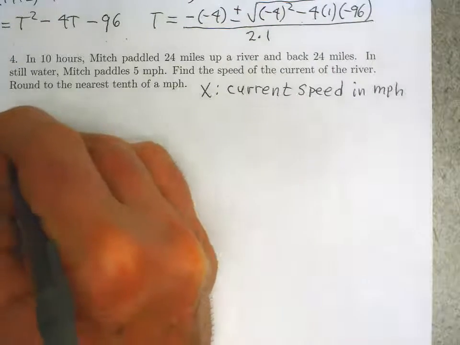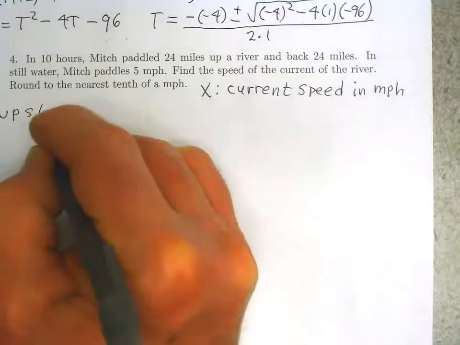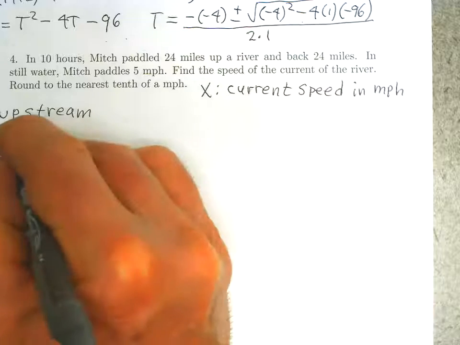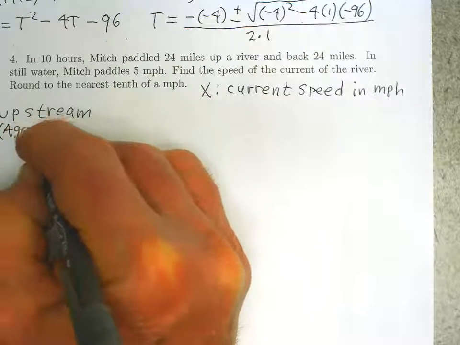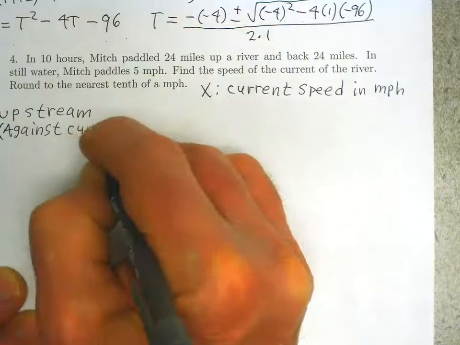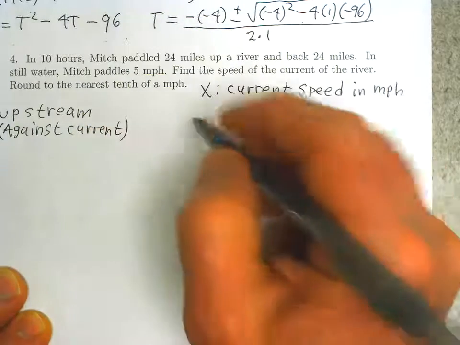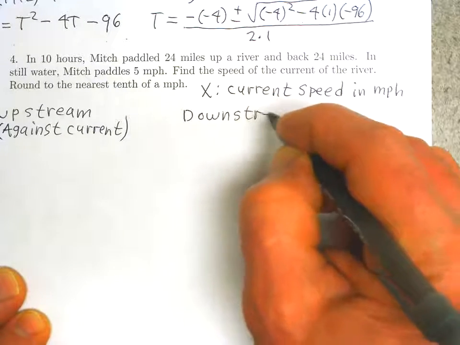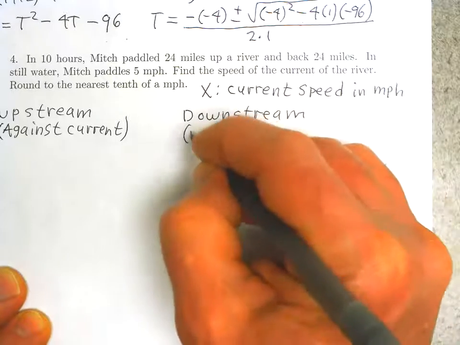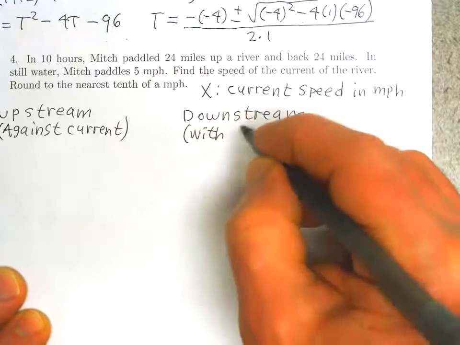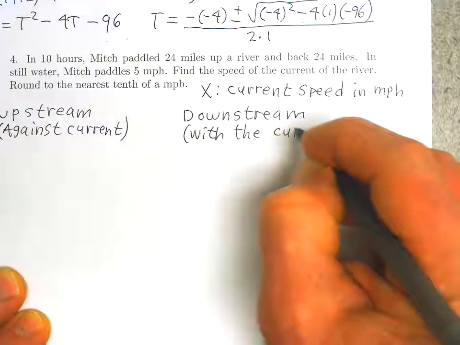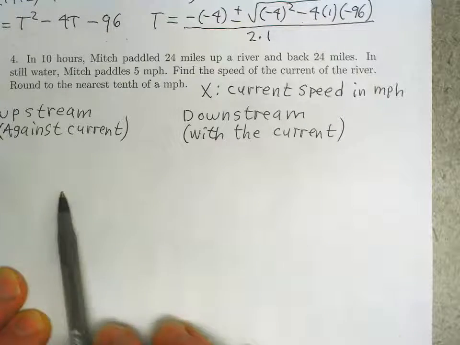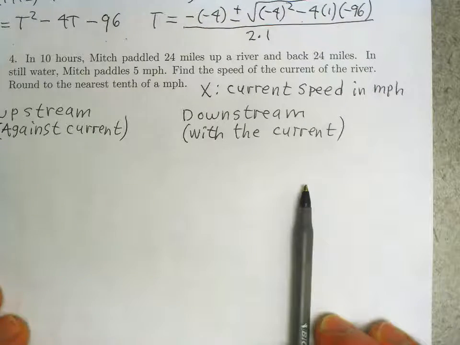So Mitch is traveling upstream, which is against the current. I'll put that in parentheses, against the current. And then he's going to paddle downstream, which is with the current. Okay, so we're going to write down two equations, each having the form rate times time equals distance.